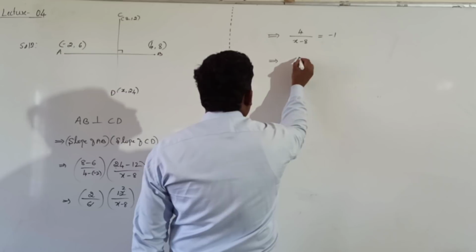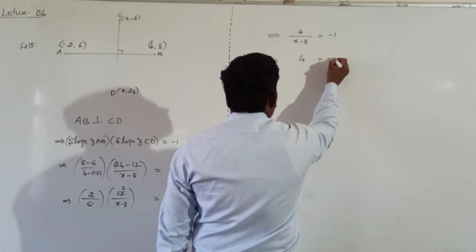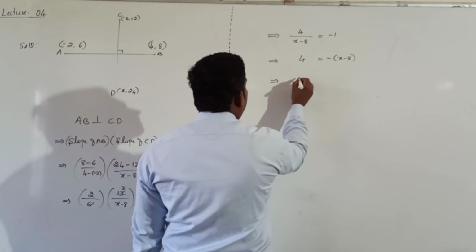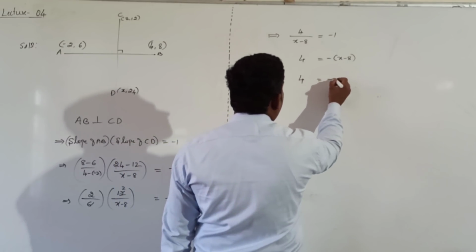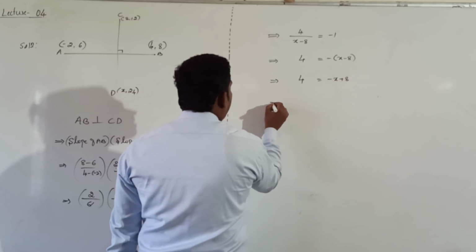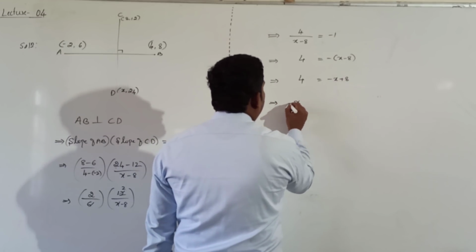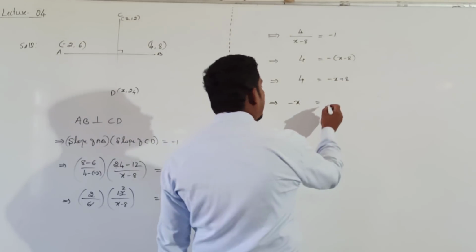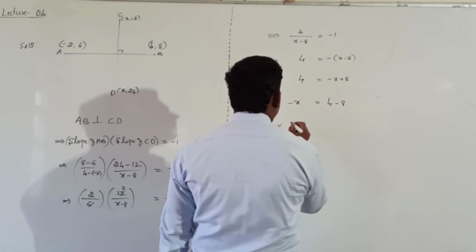Now just rearrangement. 4 is equal to minus of x minus 8, right? Then 4 is equal to, by the usual multiplication, minus x plus 8. After that, take the plus 8 to the LHS, then it will be 4 minus 8.